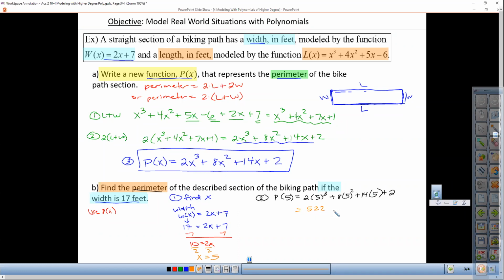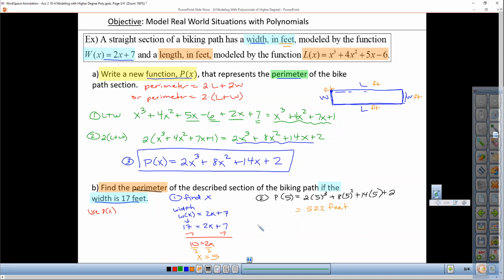So remember, this represents our perimeter, and our perimeter is measured in feet since we're adding up all of the feet from lengths and widths. So it's feet plus feet plus feet plus feet, which is feet.